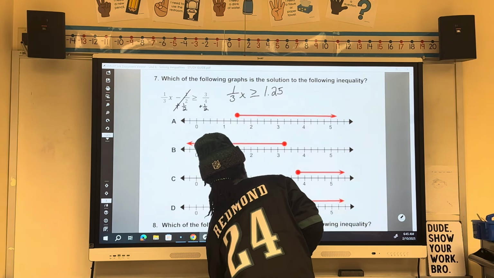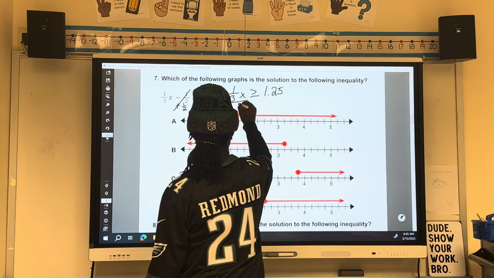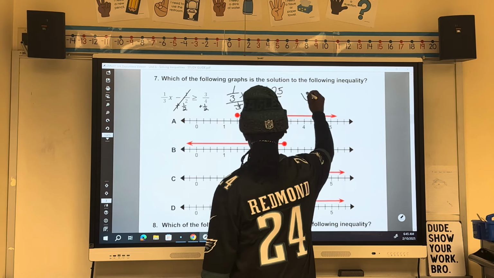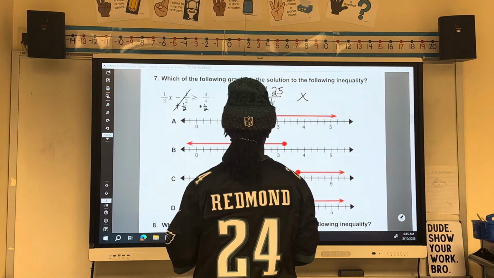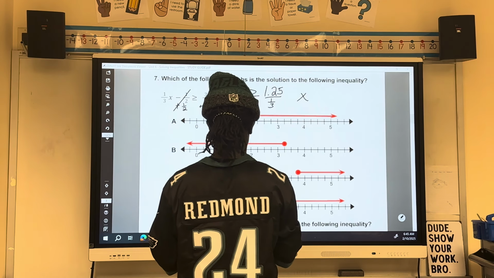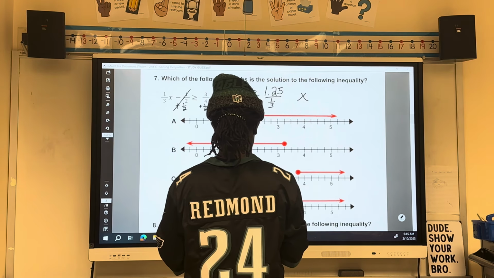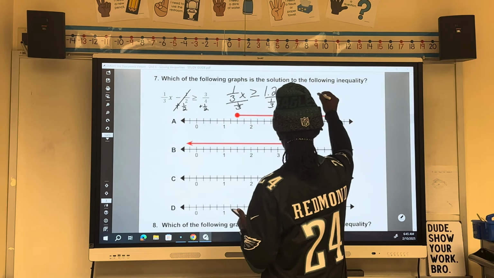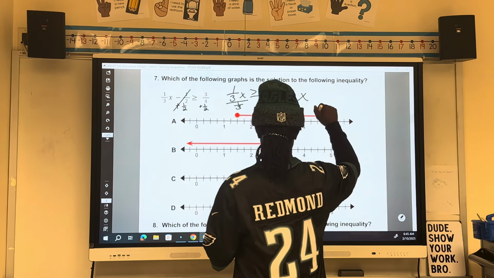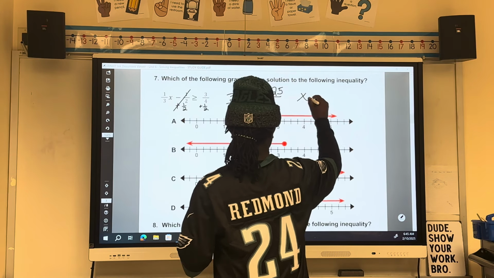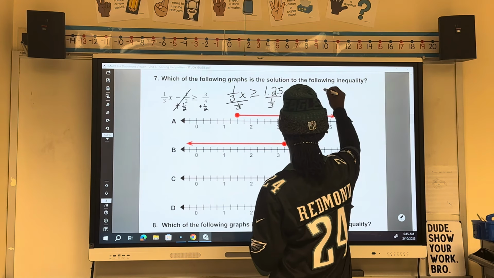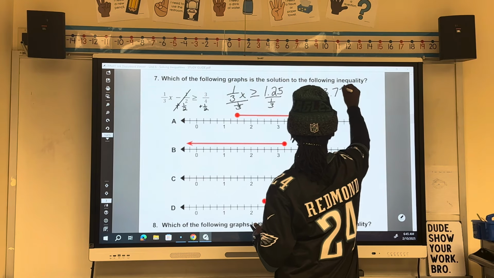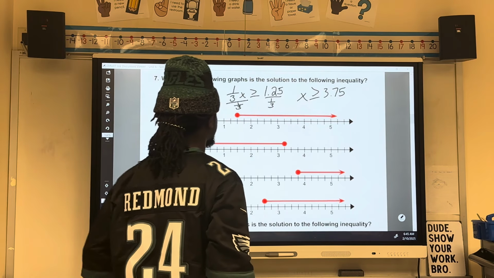Then I'm gonna divide by 1/3, divide by 1/3, okay? And so that's gonna give me x is greater than or equal to 3.75 is my answer once I get that.